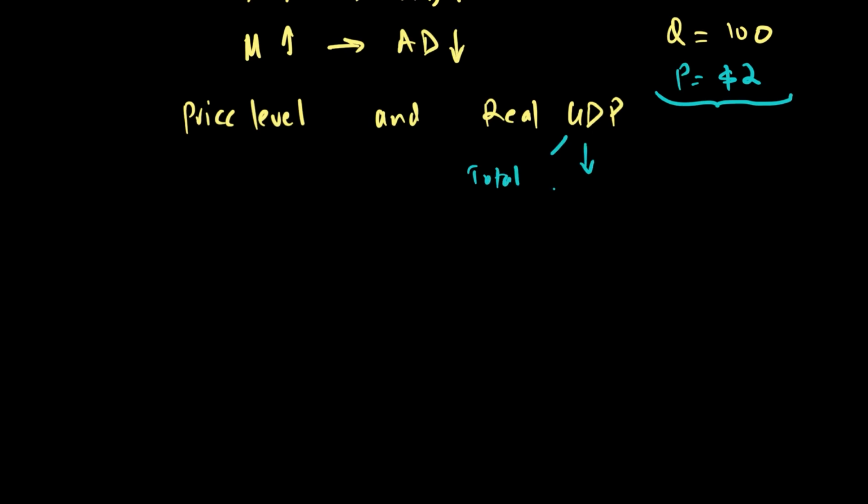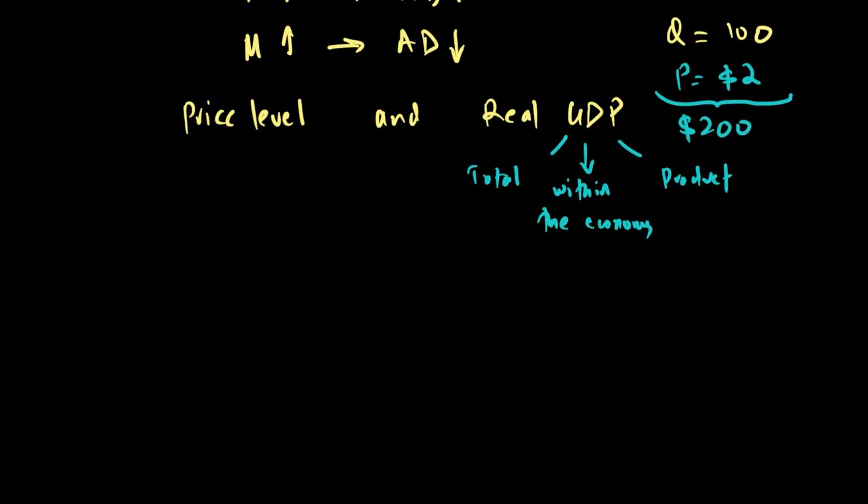Domestic means within the economy, and product means output, so you're looking at total output. So if you look at an economy where quantity is 100 and price is $2, the total value of this output would be, for example, $200.